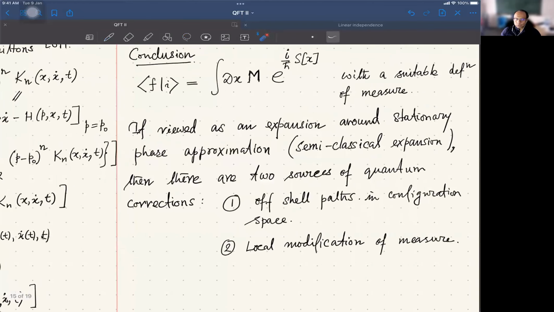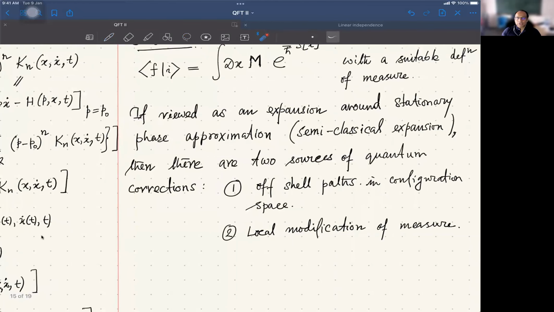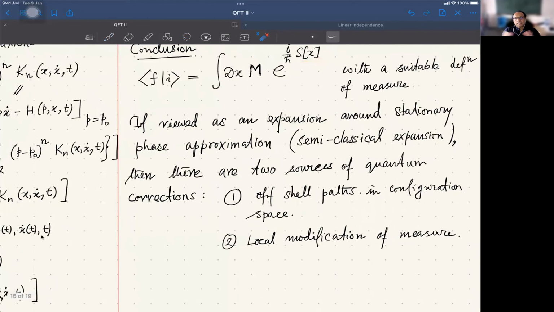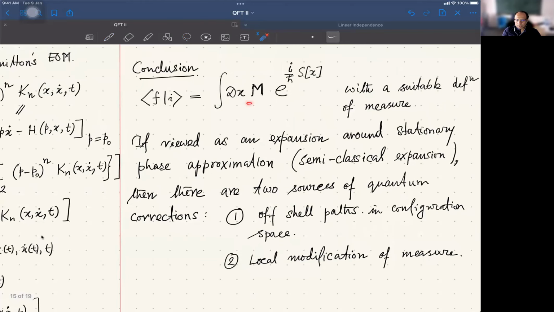It is because of those off-shell functional forms for the momentum in the dependence of x dot and t. That is one source of quantum correction. And in the configuration space, there are off-shell paths which are away from classical paths. That is another. The mathematical origin of both is similar, because when I do a stationary phase approximation of this quantity, I will again do the expansion in the same way like this.